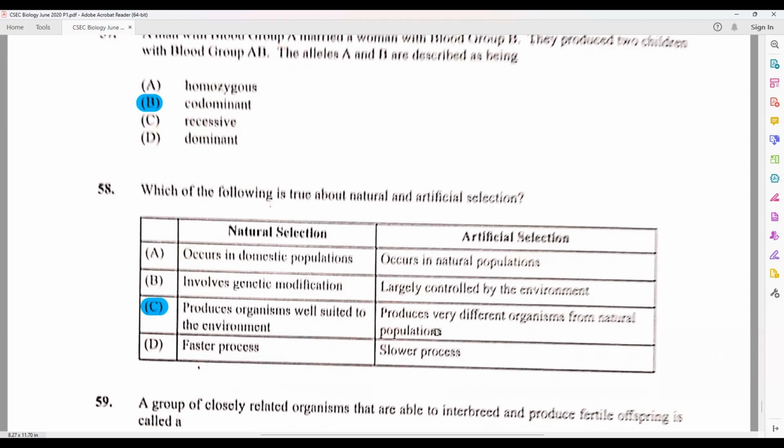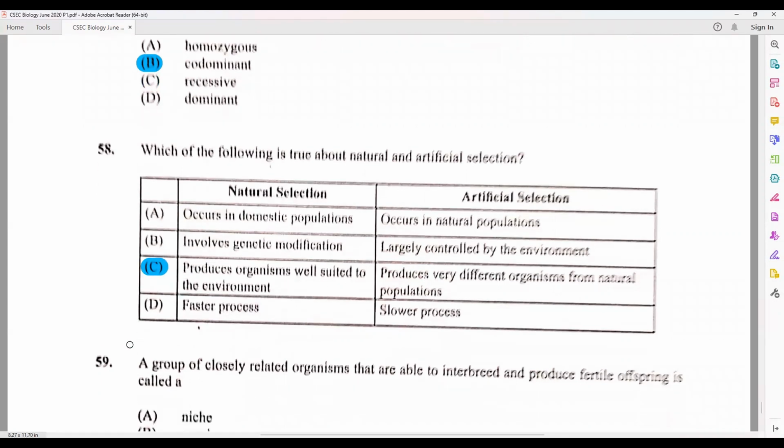And artificial selection, it means man is doing the selection, produces a different organism from the natural population. Think about our domesticated dogs. Those very small breeds of dogs, would they survive in the wild? It's reasonable to think that they would not. So C is a good answer.